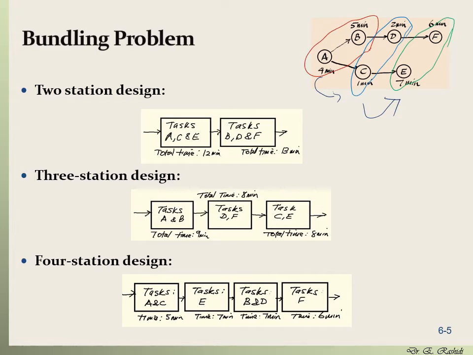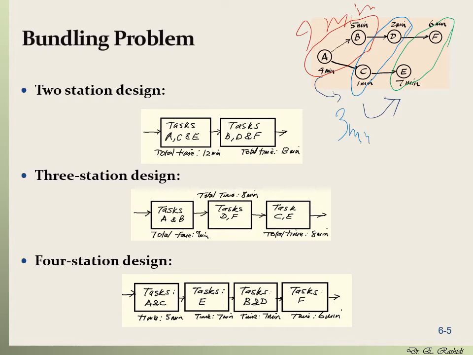Also, if we compute the workload for workstation 1, it is 4 minutes of processing time for A and 5 minutes for B, so that's 9 minutes. For workstation 2, shown in blue, it is 1 plus 2, so that's 3 minutes.